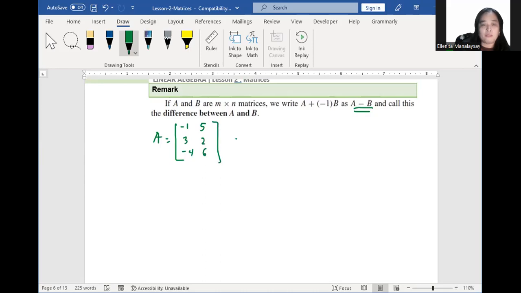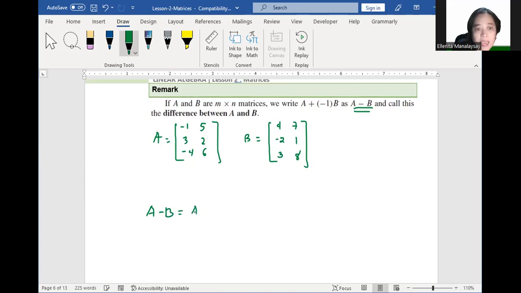And then we have matrix B to have 4, 7, negative 2, 1, 3, 8. Say for example, we have these two matrices, then A minus B is equal to A plus negative 1 of B.